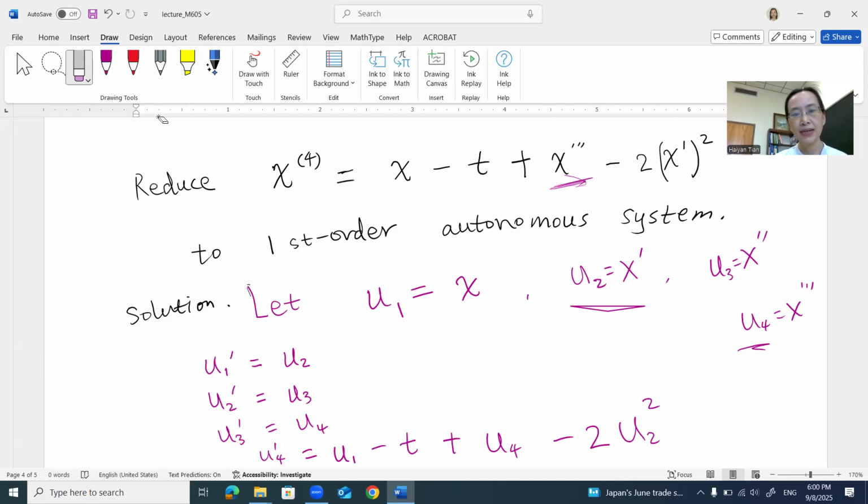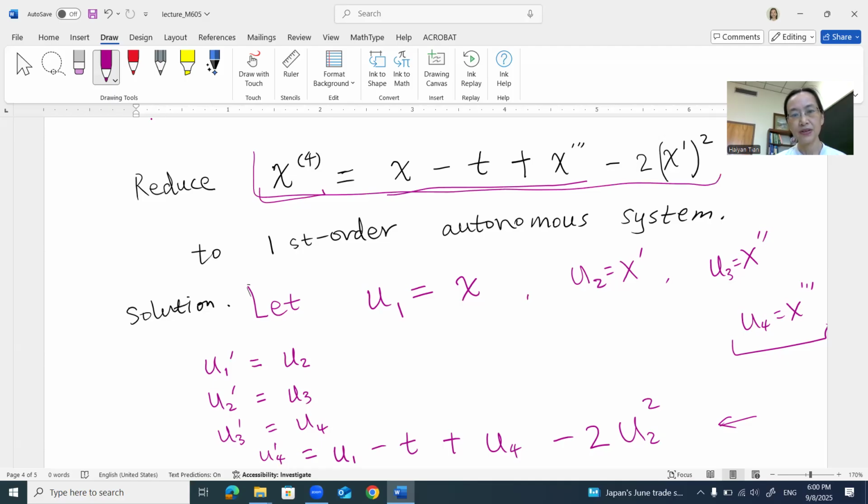So this last equation is based on the given fourth order equation, because U4's derivative, which is the X fourth derivative, is given. So the last equation in the system is actually based on the original equation.